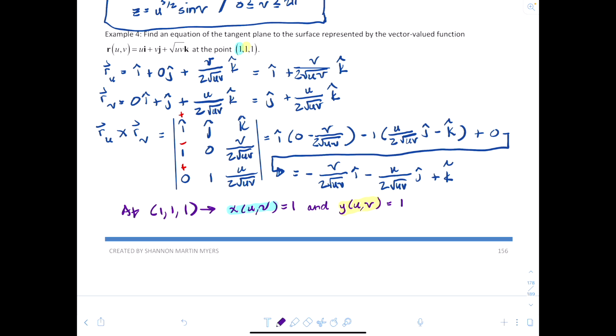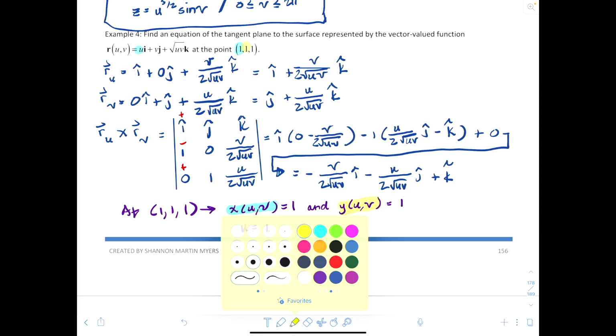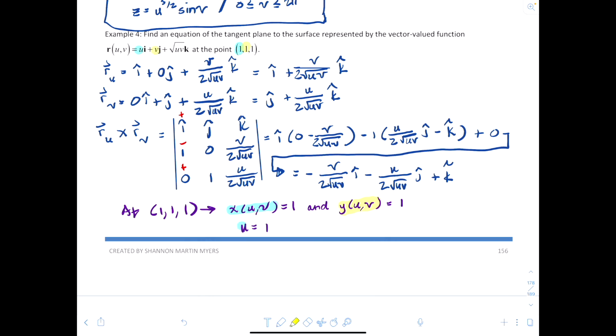So, putting all that together, what would happen? I mean, x at u and v, what did we end up getting? We got here that u was 1, right? And then y is v, and v is 1.